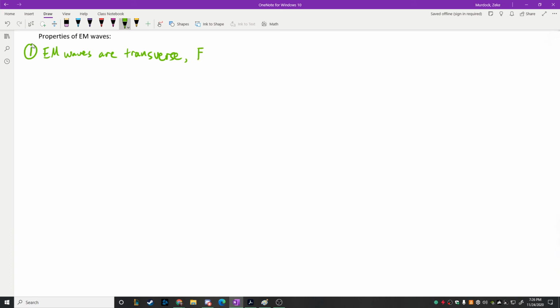That's to say that the electric and the magnetic fields are perpendicular to the direction of propagation, or the velocity. And the direction of propagation is given by doing E cross B.